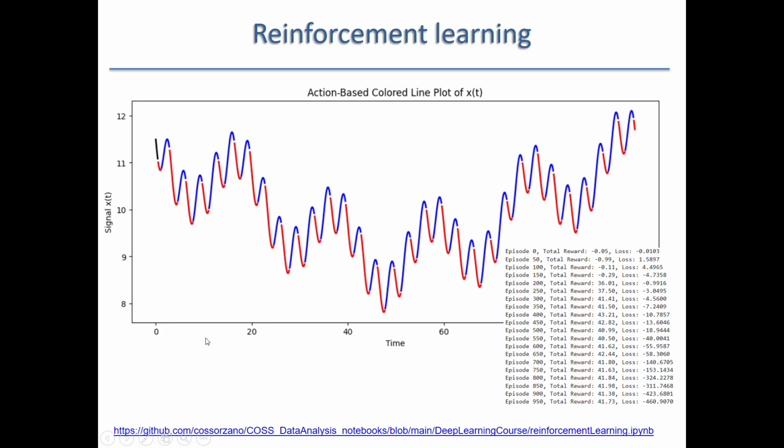So this is the result. This example is solved in this notebook, and what we see is how the reward is growing. In the beginning it cannot learn much, but after 200 iterations it somehow learned how to optimize that, and then we have a smaller loss.